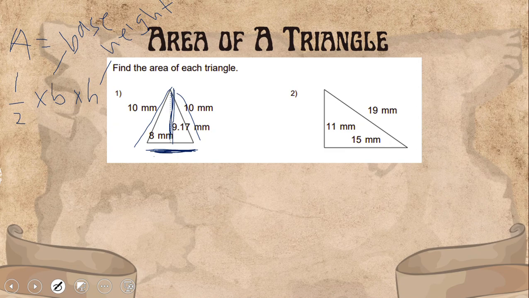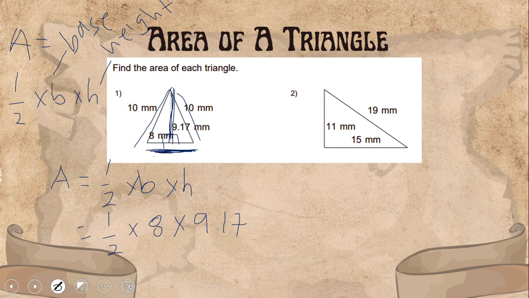Just put it in the equation. We have A equals 1 over 2 times base times height. The base is 8, so just put 8. The height, remember, is 90 degrees to the base. So 90 degrees to the base would be that, so the height would be 9.17.